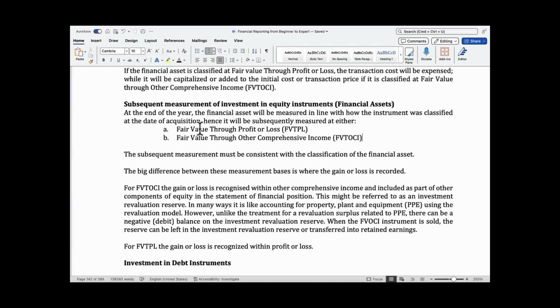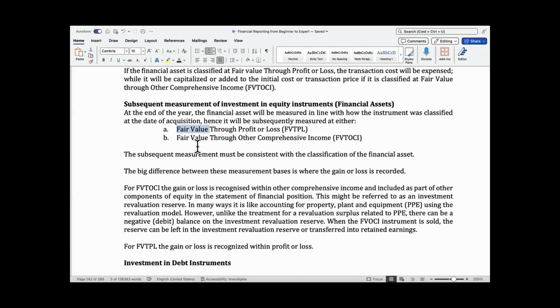Firstly, fair value is the amount you would receive when you sell an asset. Fair value is like the selling price. So you would measure your equity instruments at the share price at that year end. Almost all equity instruments are listed, I mean, for listed companies you can easily get their share price.